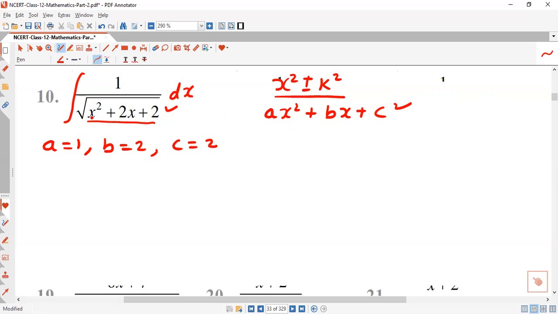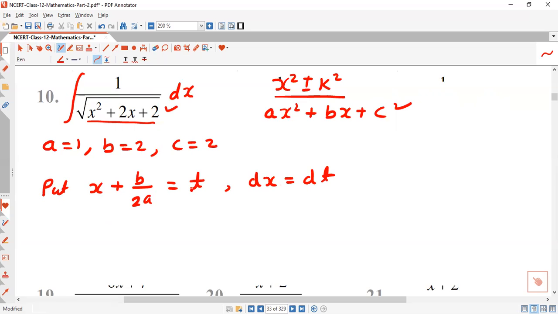So for this quadratic x square plus 2x plus 2, a equal to 1, b equal to 2, and c equal to 2. Now, in this quadratic, we put x plus b upon 2a equal to t. So dx equal to dt.